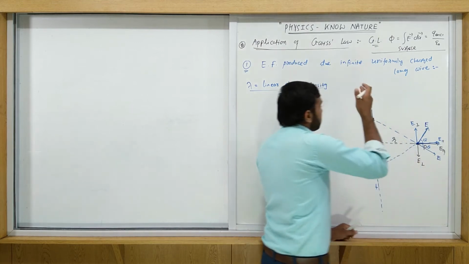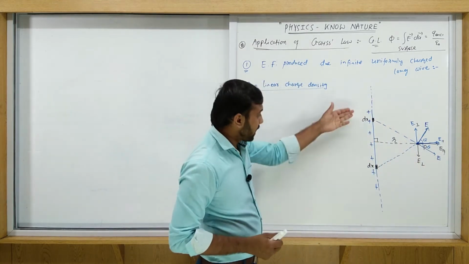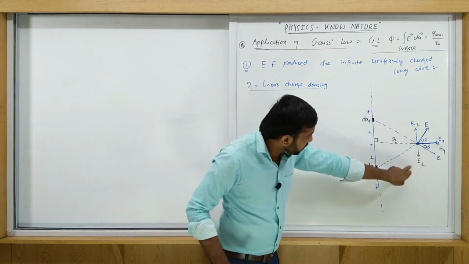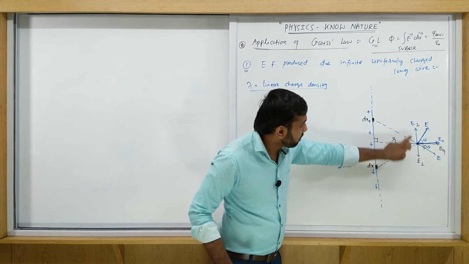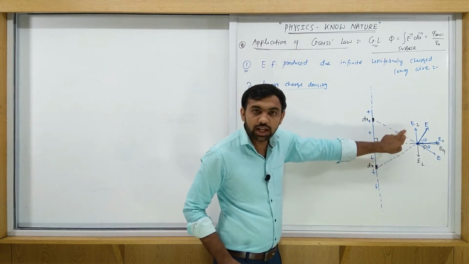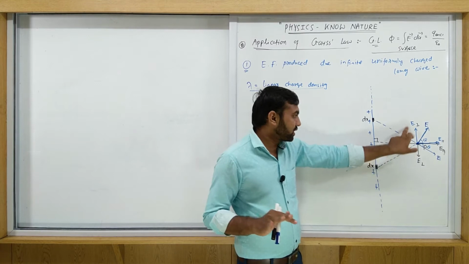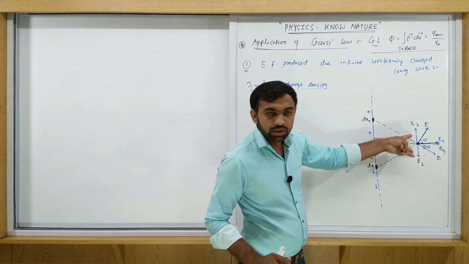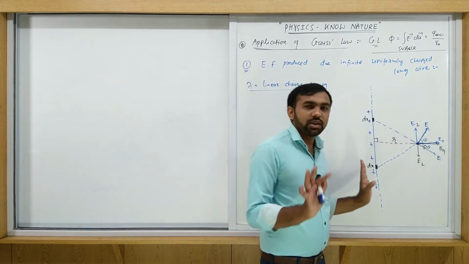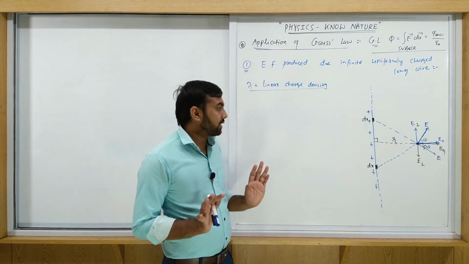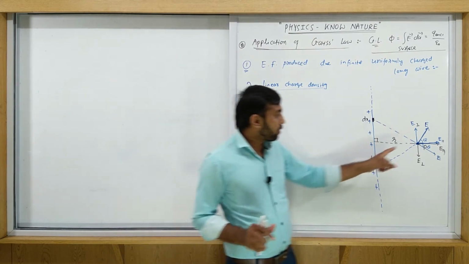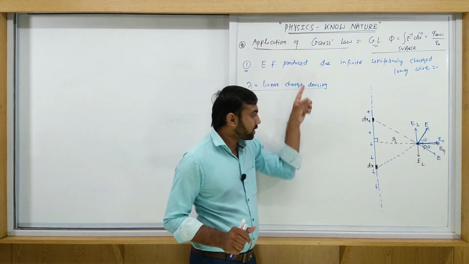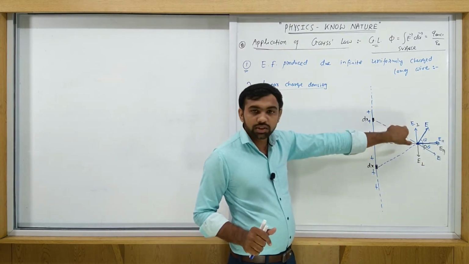When you go through the full wire, E perpendicular cancels out because the components are equal in magnitude and opposite to each other. Only the parallel components remain, so we only find the parallel component when integrating.